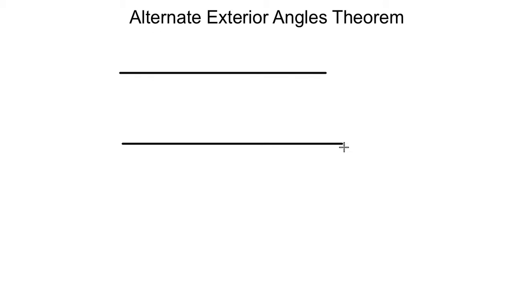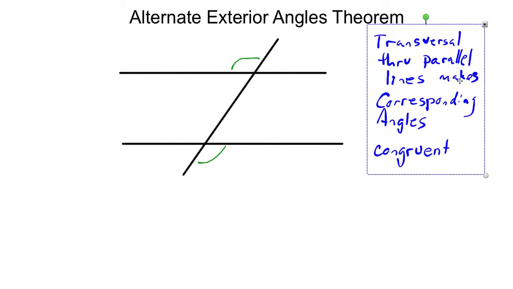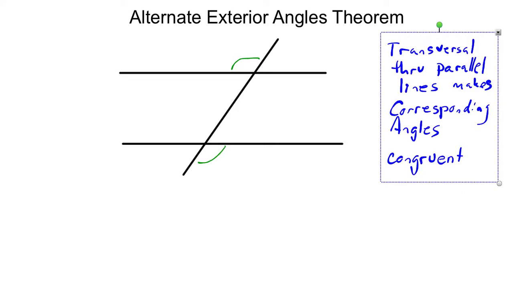All right, then we have the alternate exterior angles theorem. So, oh, you know what? Let's mix it up. Let's go back this way. Alternate exterior angles, doesn't matter. So this one and this one, again, that same zigzag. What do they look like? And they're also congruent.